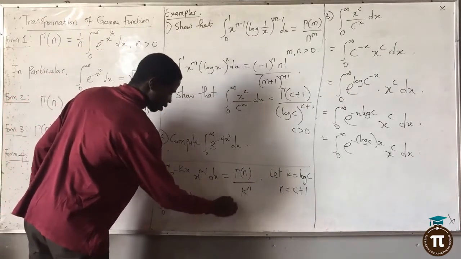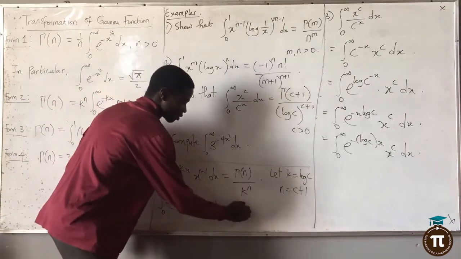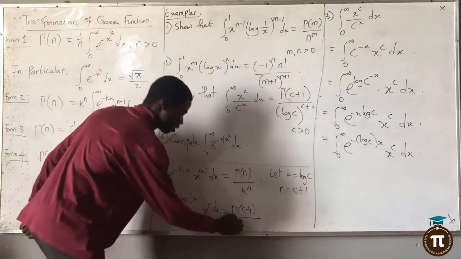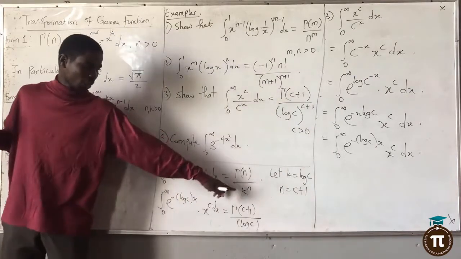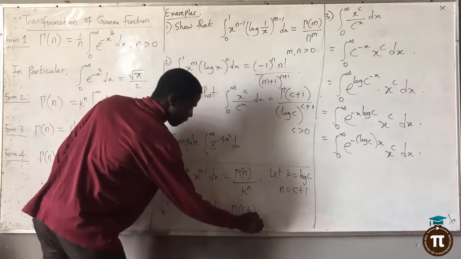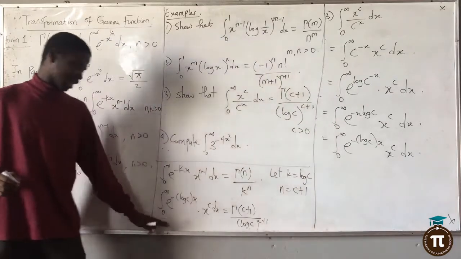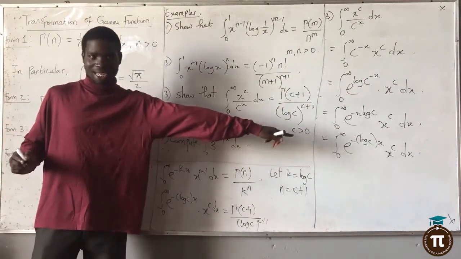And that will be equal to gamma of n, n is c plus 1, that's gamma of c plus 1 all over k, k is log c. So I will have log c here, raised to power n, raised to power c plus 1. So all these ones is equal to this. If you look at what I have at the left hand side of the integral, that's what I have there.